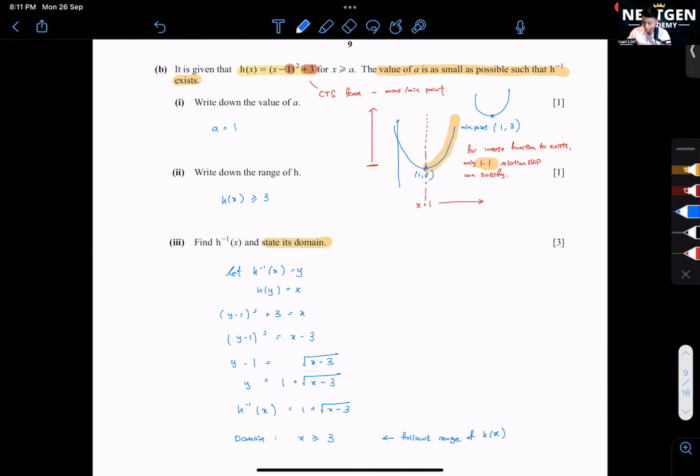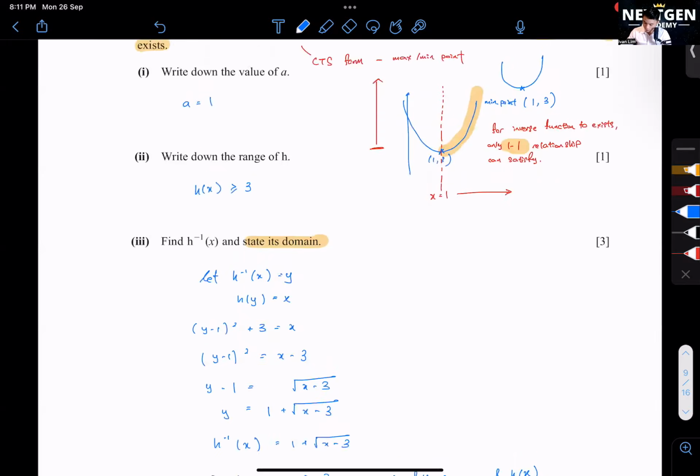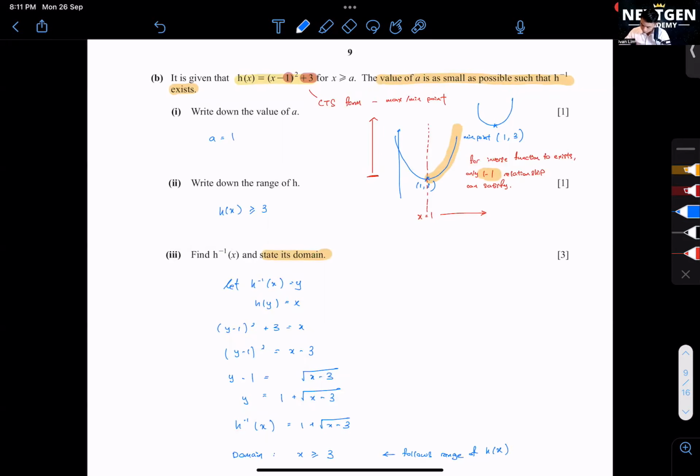You all see here, your domain and range for H(x): x is more than or equals to 1, your range is H(x) more than or equals to 3.